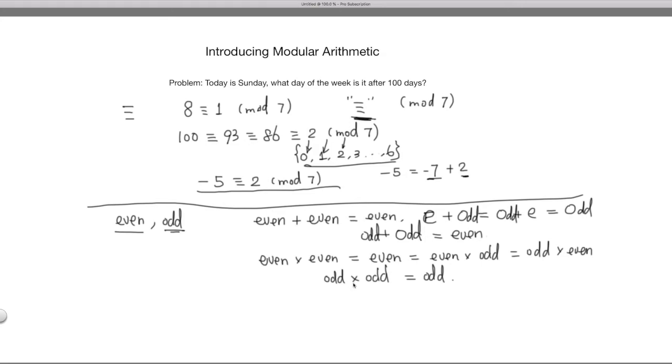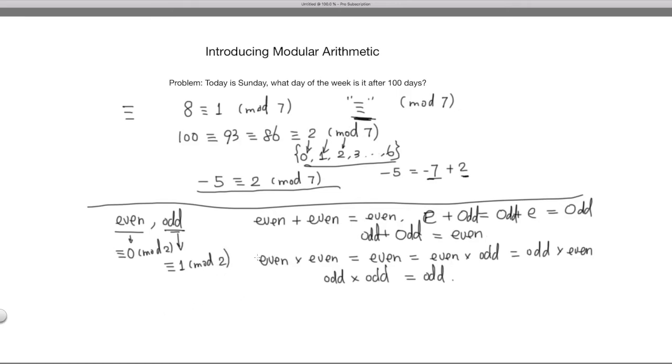If you're using the congruence operator to represent this, it's actually very simple. For even numbers, they are all congruent to 0 mod 2. For all the odd numbers, they are all congruent to 1 mod 2.